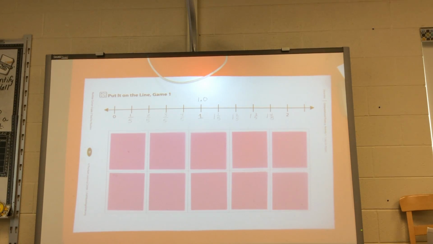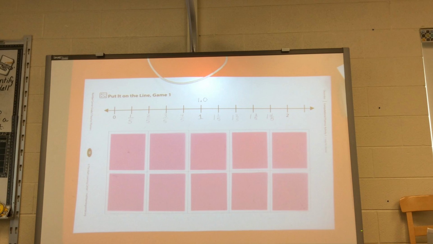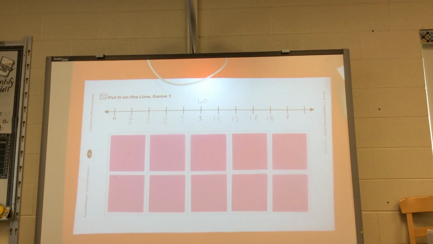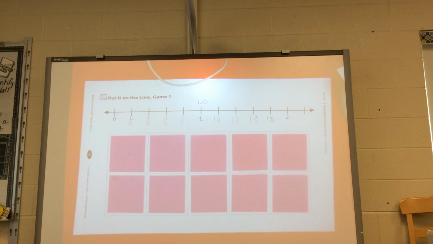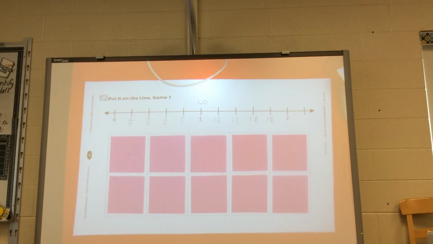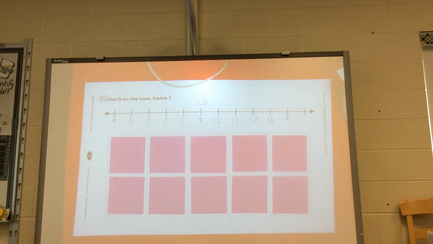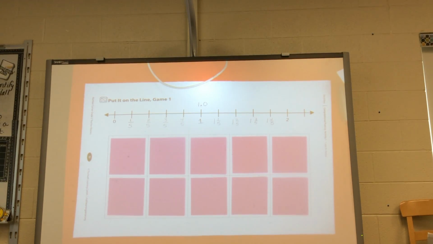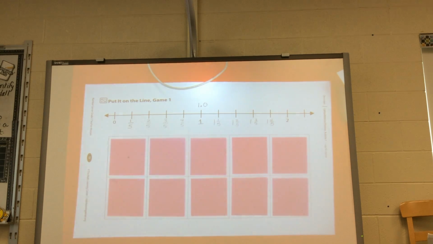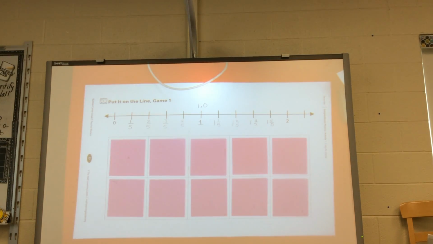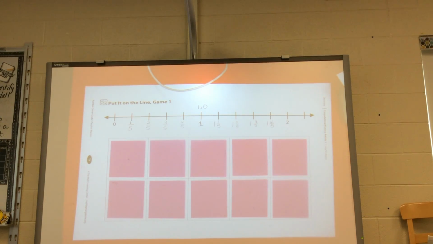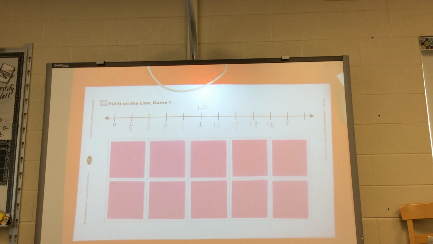Think about money to help you. A fifth of $1. Julia? A fifth of $1 would be 20 cents, right? Or we could also write it as a decimal. Yep.